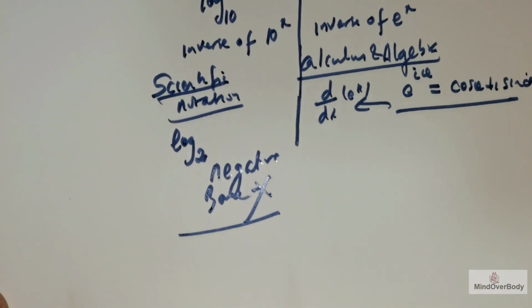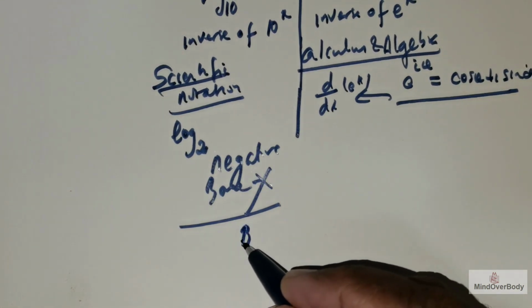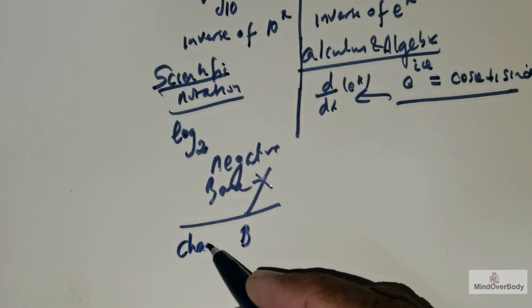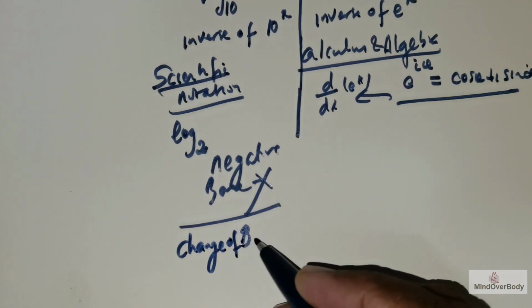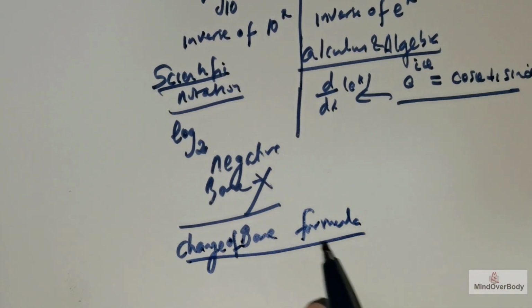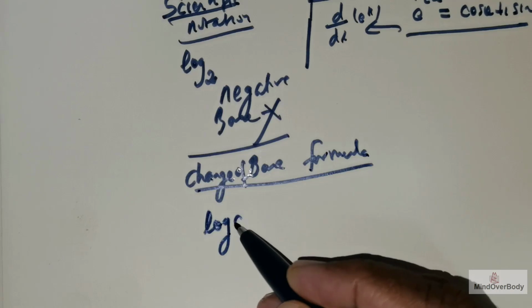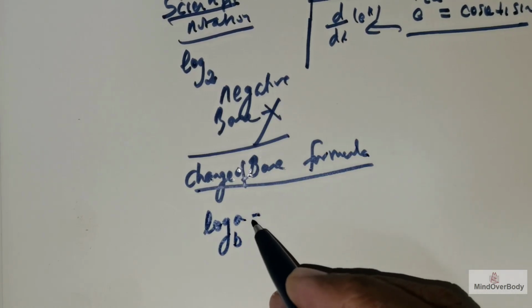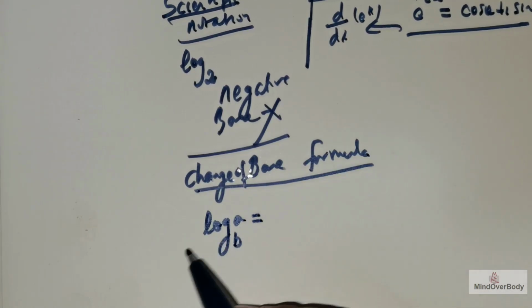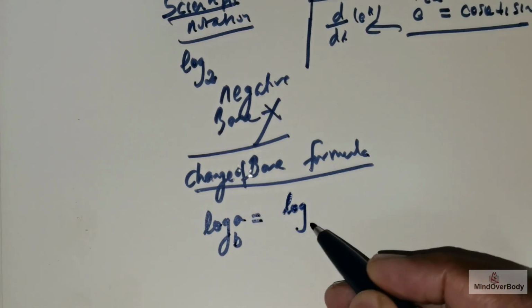Now, in logarithms, it is important to know this formula, what is called the change of base formula. Now, what is the meaning of this formula? Suppose you are given a problem, say log a to the base b. I can always rewrite this by introducing a new base, say a new base called c.